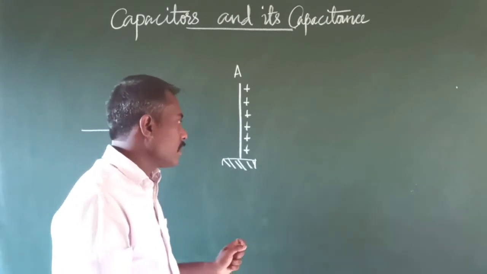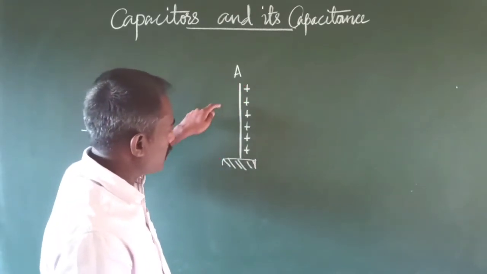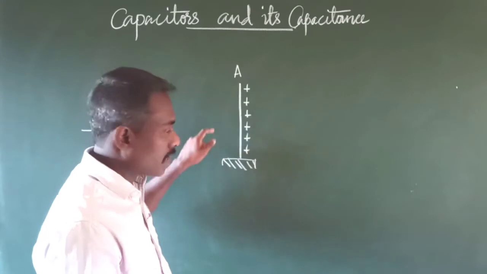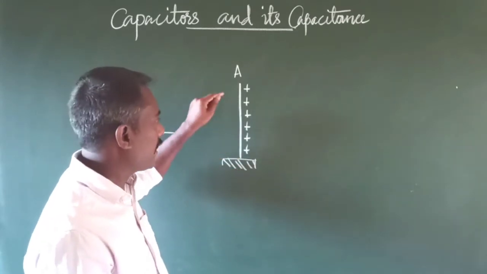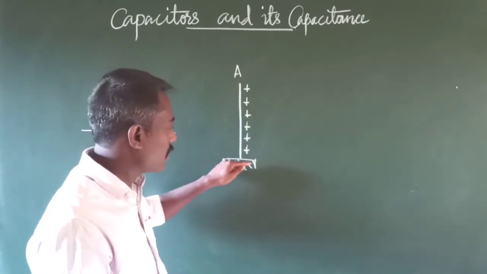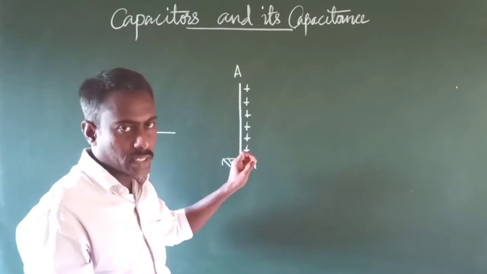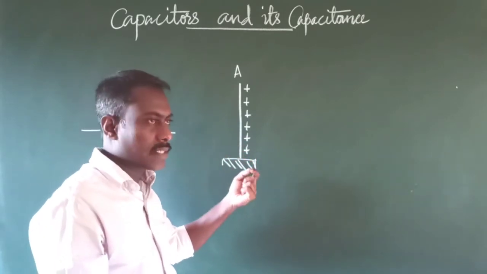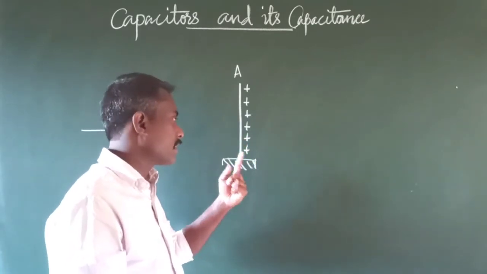When conductor A is charged with the maximum number of electric charges, no more charges can be added to it.